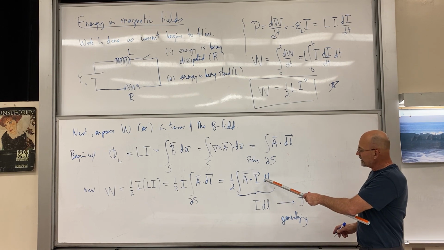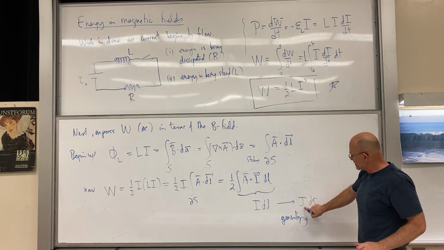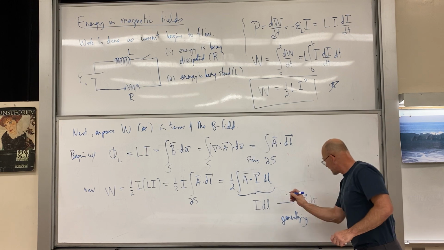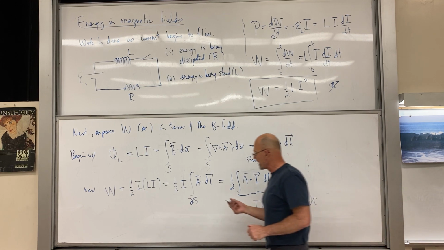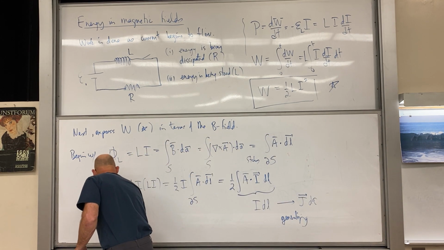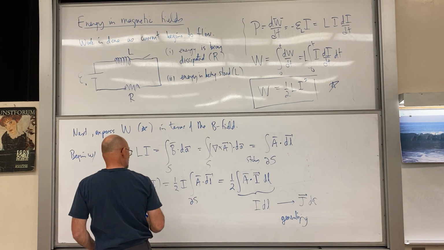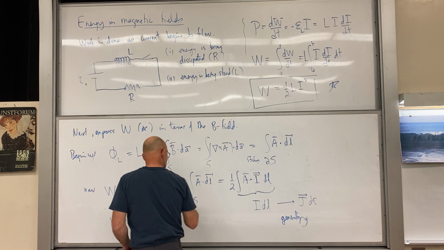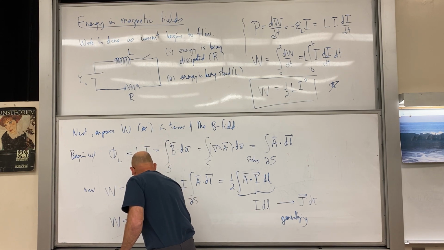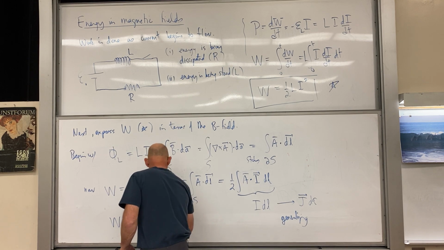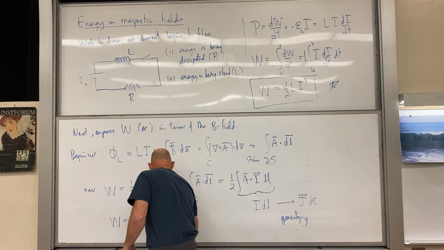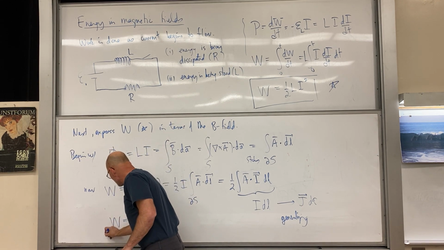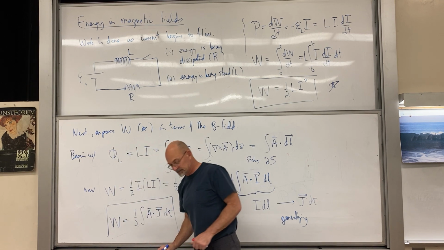And so we'll rewrite this integral in terms of this generalization. By the way, that was a vector, sorry. And we have W, energy. We have 1/2 integral A dot J d tau for volume element. So this is what we're going to work on next.